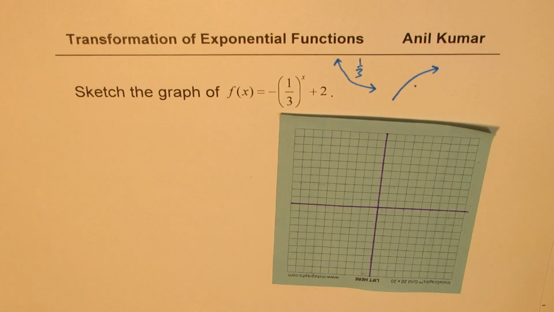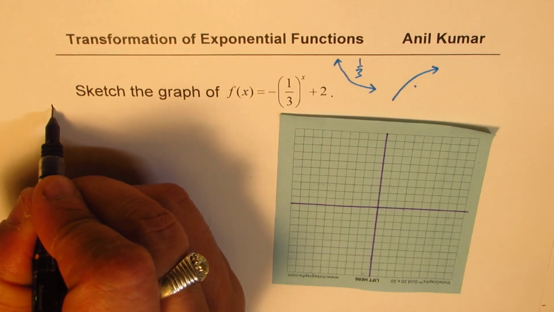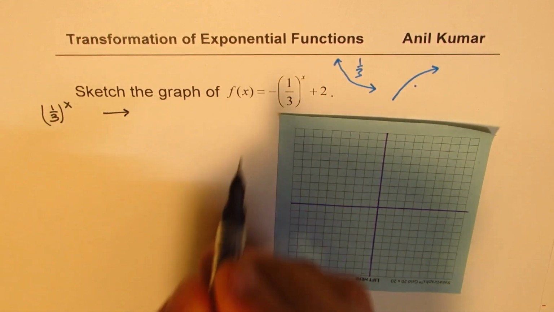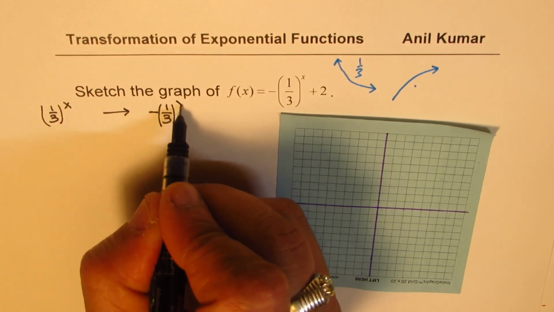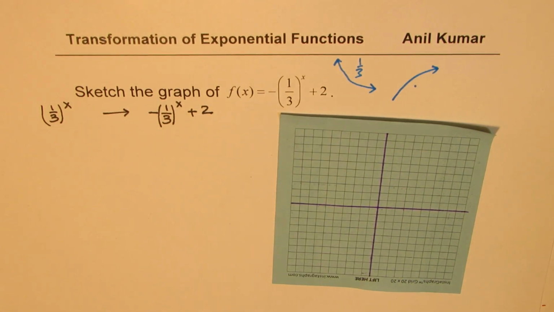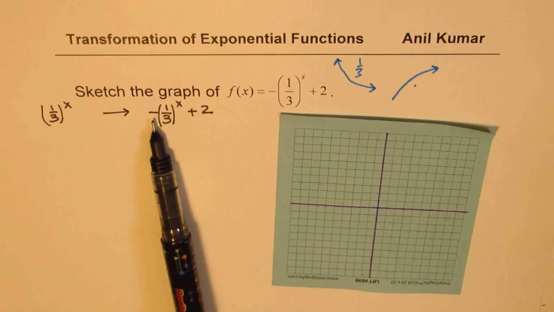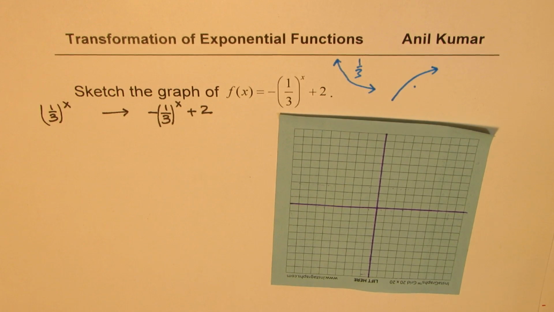Perfect? Okay. So our base function, which is 1 over 3 to the power of x, is going to get transformed to negative of 1 over 3 to the power of x, plus 2, right? So the horizontal asymptote has moved 2 units up. Now this is a reflection on the x-axis, so the graph is going to approach from below.